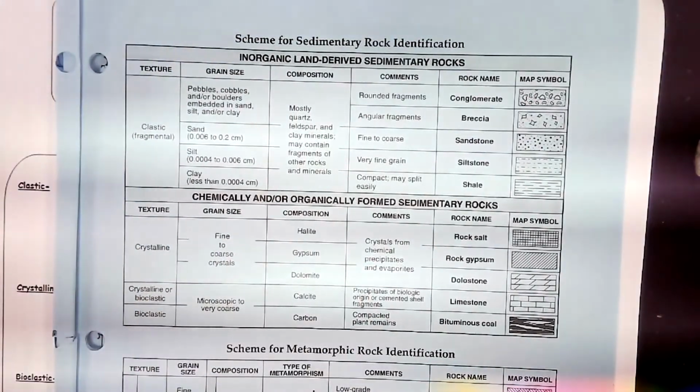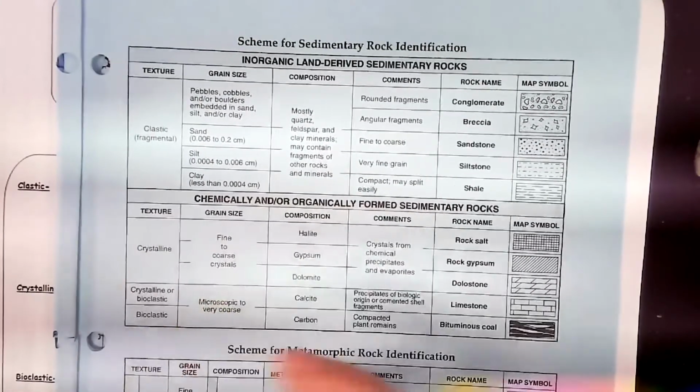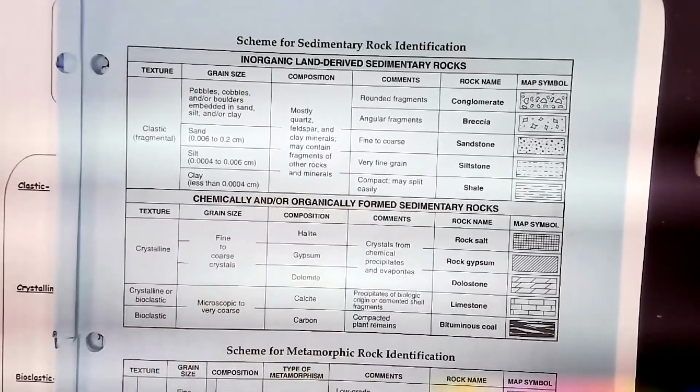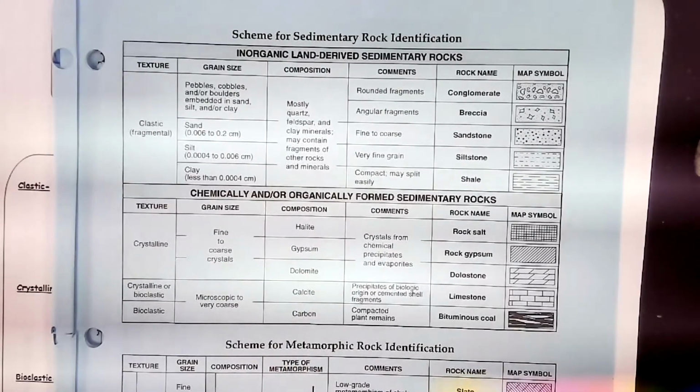Now, crystalline, does crystalline sound familiar? What do you think that's made out of? Crystals. So crystalline, I'm sure you can handle. But what the heck does clastic mean? And I'm not mispronouncing that. I'm not saying classic, and I'm not mispronouncing plastic. The word is clastic.